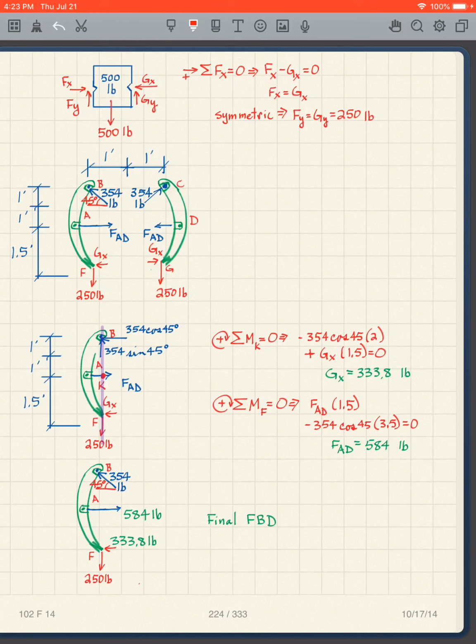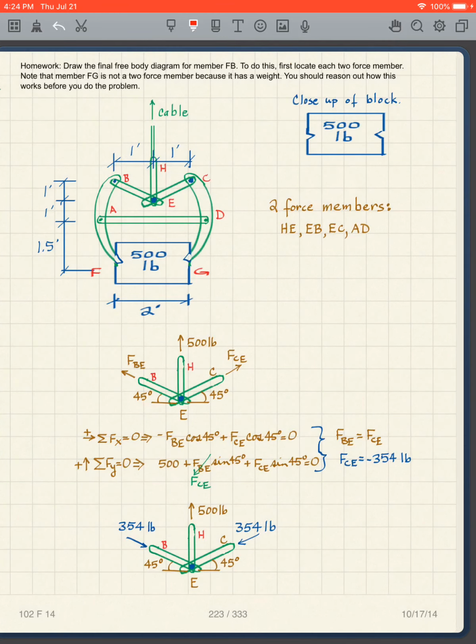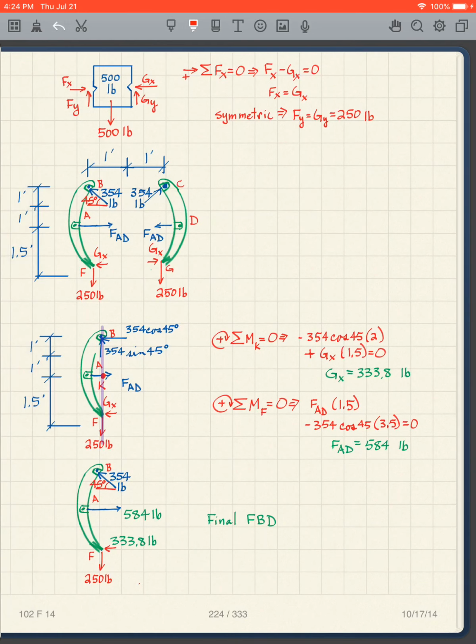Now, the total load that we're lifting is 500 pounds, and everything is symmetric, so I know that I'm going to have 250 in each side, so that's going to be 250 there and 250 there in the vertical direction.